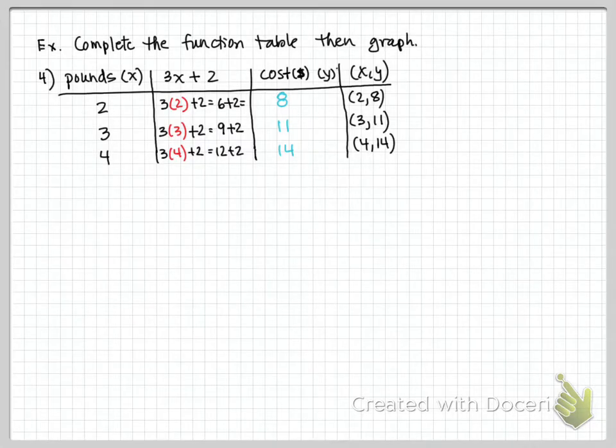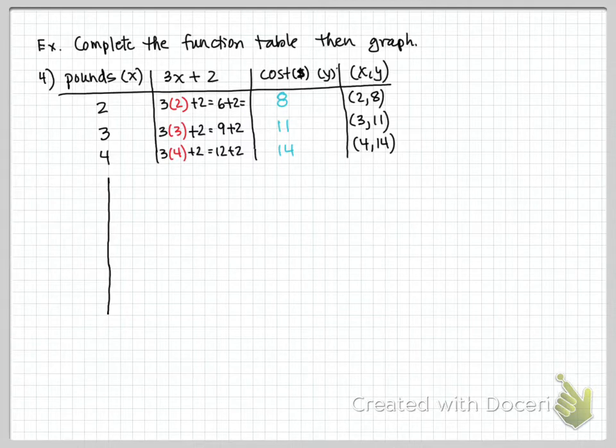I think it's this one. Yeah, I like this one. We need to go across to 2, and I need to go up to 14. Now, I can count by 2s. I think that would probably be easy.